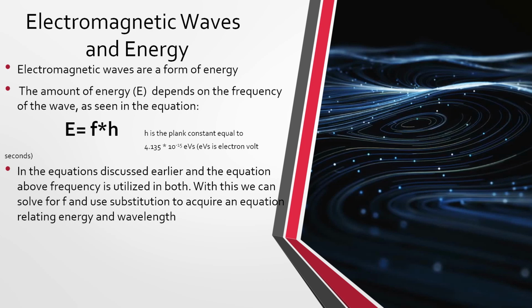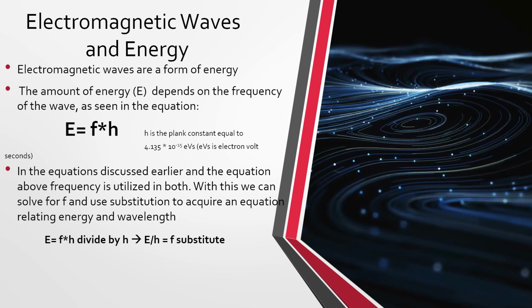In both, we can use substitution to acquire an equation relating energy to wavelength. So we have an equation that relates to frequency, which is an aspect of the electromagnetic wave that we can measure, and then to energy. So now we can also take the wavelength and relate that to energy. If we know one, we can find the other ones.